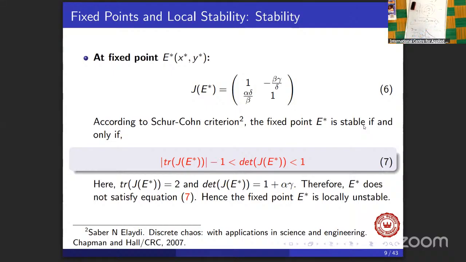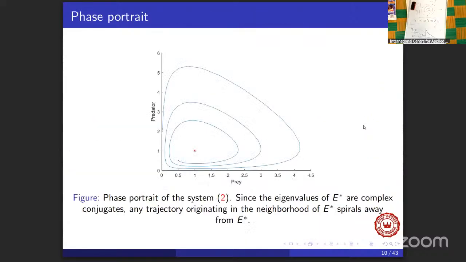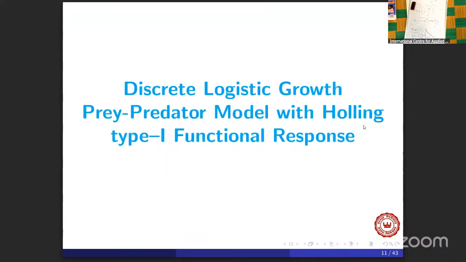That means the system is unstable, always unstable. You can never get the system stable; we get the oscillatory behavior. Now, we go to the next model.